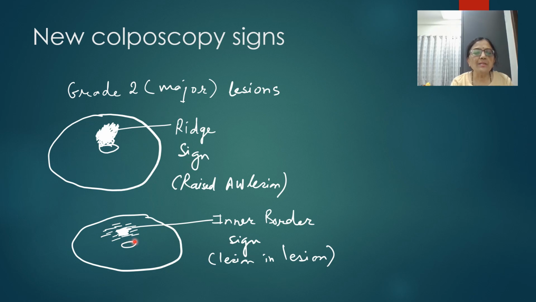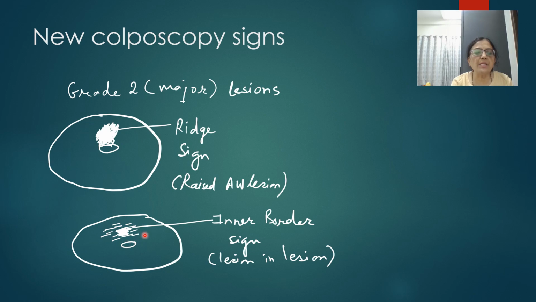Inner border sign is where there is a lesion within a lesion. That means the remaining acetowhite area is not very dense, it is transparent, but there is an area where the whitening becomes dense. In other words, there is a dense area in the transparent area.